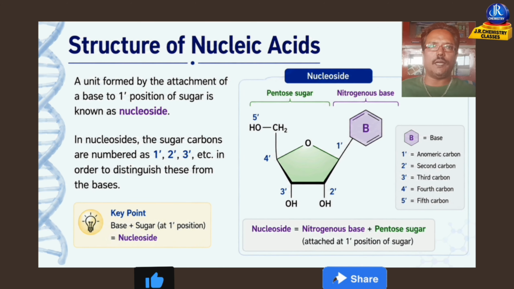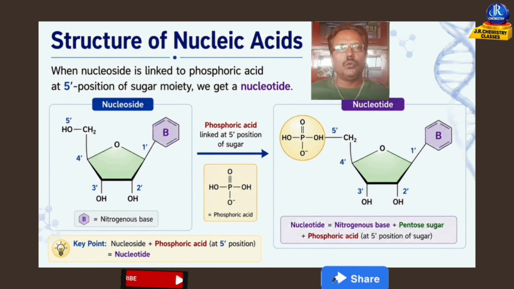Structure of nucleic acids: a unit formed by the attachment of a base to the 1' position of sugar is known as nucleoside. In nucleosides, the sugar carbons are numbered as 1', 2', 3', etc., in order to distinguish these from the bases.